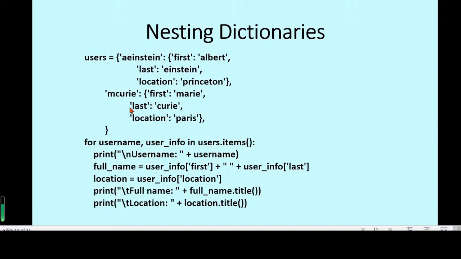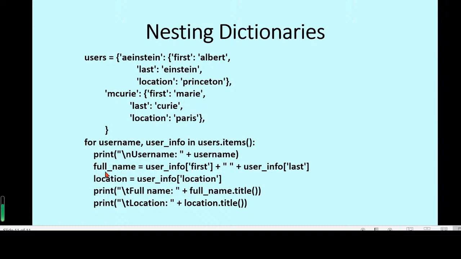Next, we can write a for loop. In the for loop, first use the items method on users. Users is the main dictionary. Then items will get the username and user info pair. Then print a message.